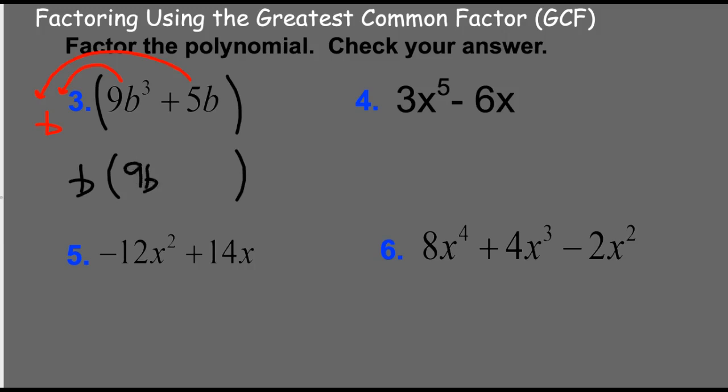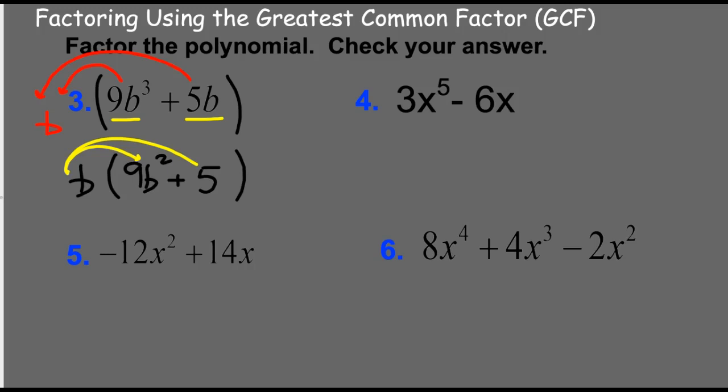That would be 9b squared, right? So what would be left there is 9b squared and 5. The quick way to think about if you did it right is to think about distributing it. If I take b times 9b squared, I get back to 9b cubed. And if I take b times 5, I get back to 5b. So you factored out a b.